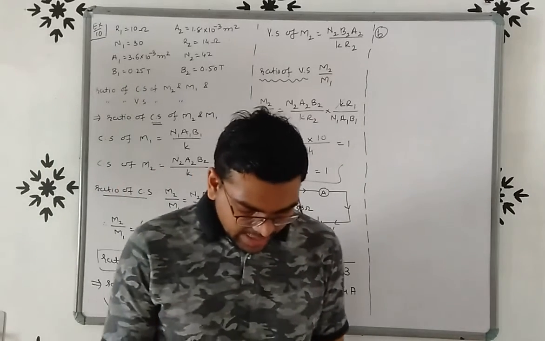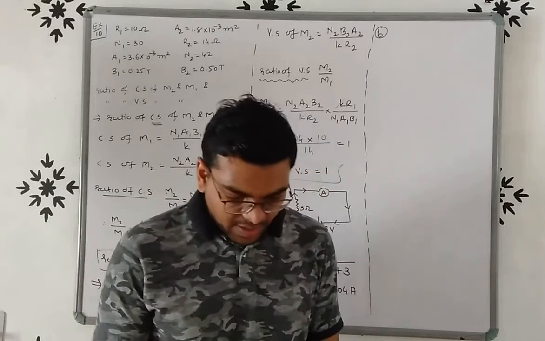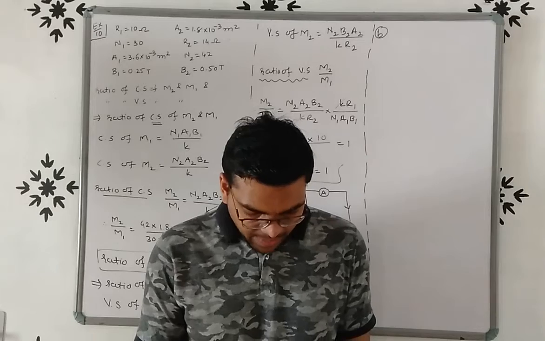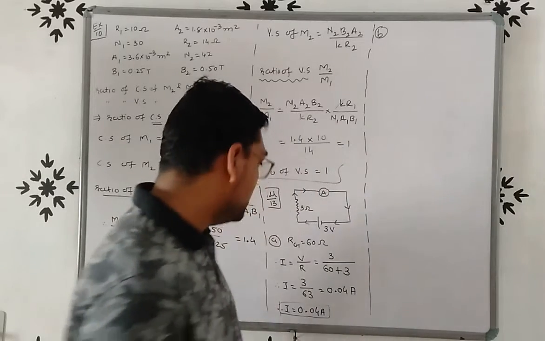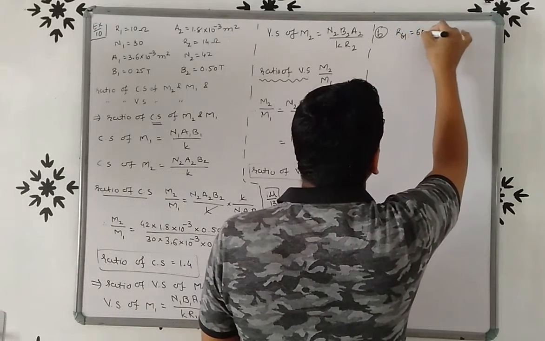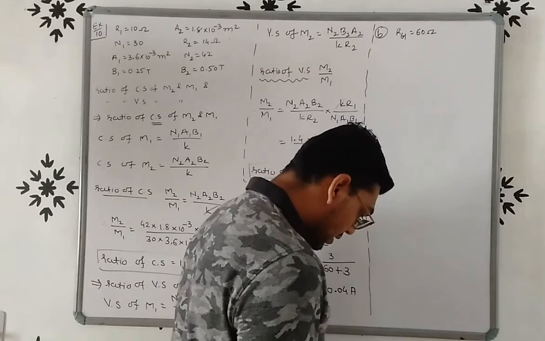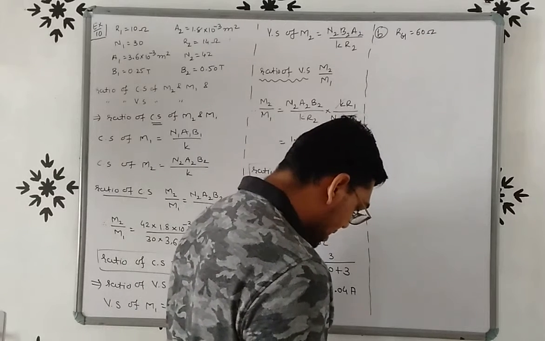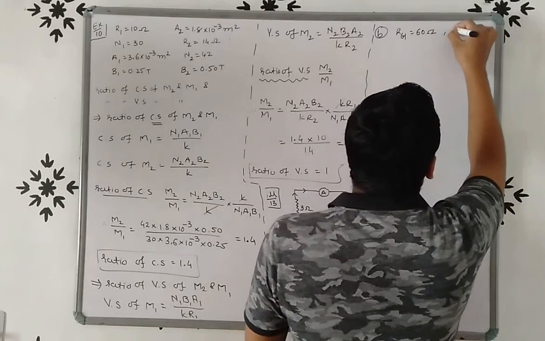Now case 2. If the galvanometer described in A is converted to an ammeter by a shunt having resistance 0.02 ohm. So here the resistance of galvanometer is 60 ohm, which is converted into ammeter by having a resistance of shunt, that is Rs 0.02 ohm.